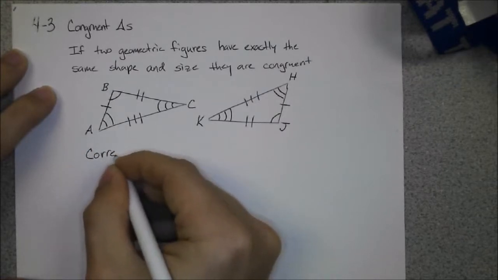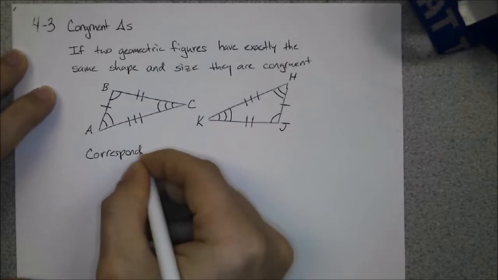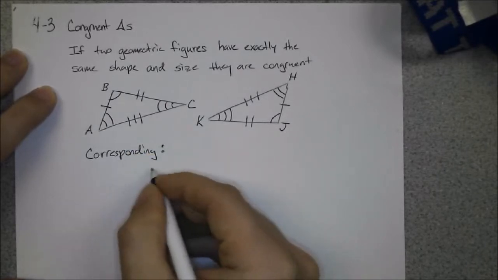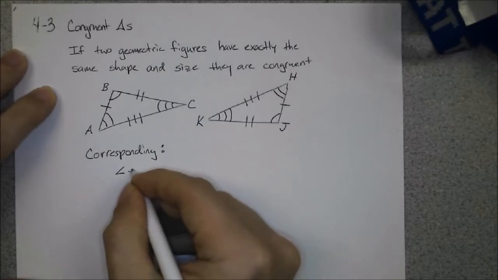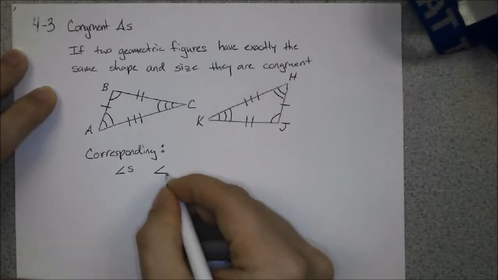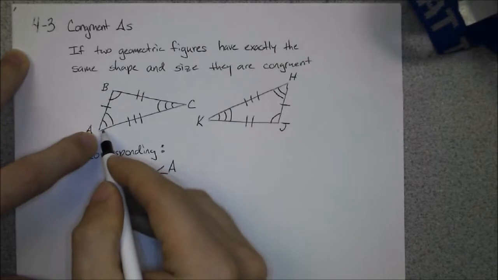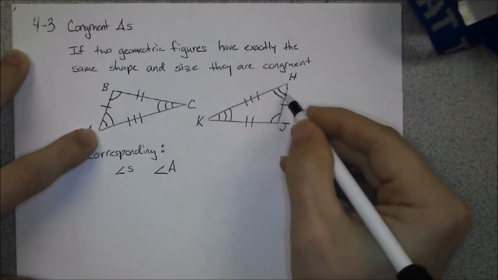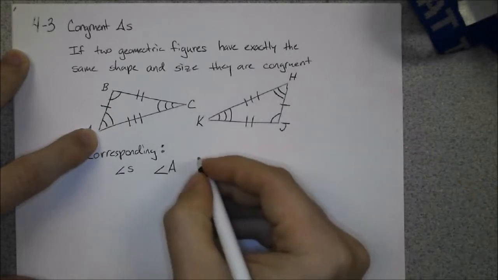So corresponding, let's identify all of the corresponding angles. First of all, I know that angle A, which is right here, see how it's got two marks for that angle? That's going to correspond with angle H that also has two marks.